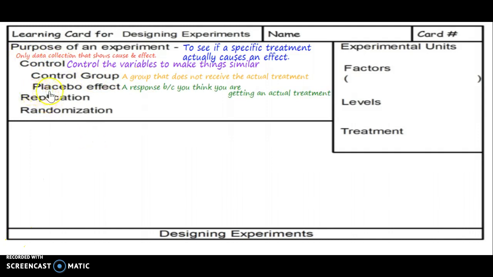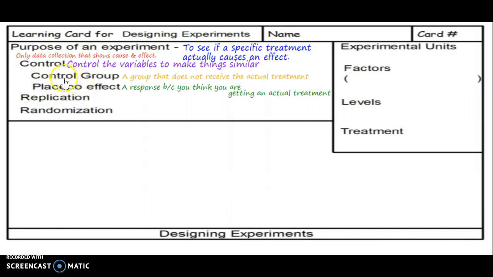So now let's talk about the placebo effect. Well, a placebo is a fake drug. Lots of times it's just a sugar pill that you would give to a control group, and those people think they're getting a real treatment, but in reality they are not. It's just a fake treatment that's not supposed to do anything.